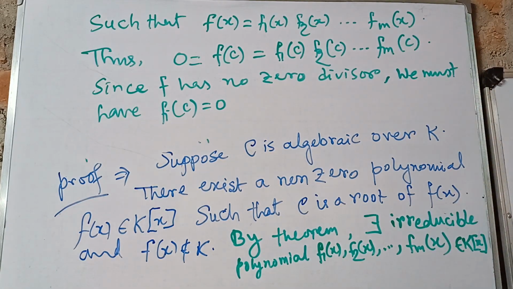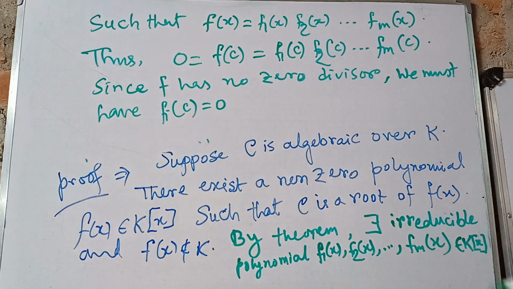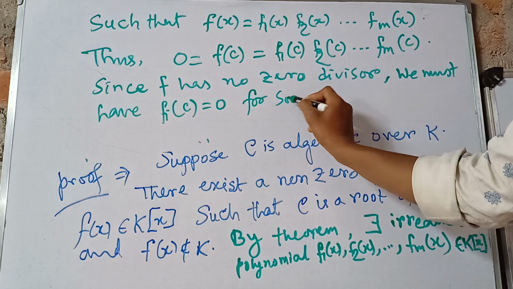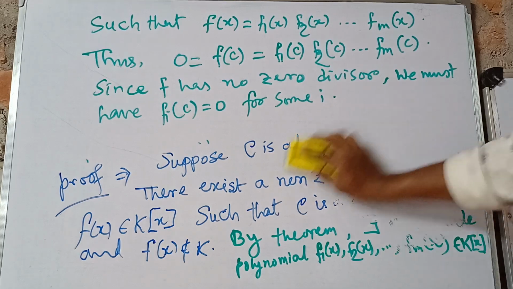Otherwise, if zero divisors existed, then two non-zero elements multiplied would give 0, but this is not possible, since F is a field. So fi(c) equals 0 for some i. So what happened after that?